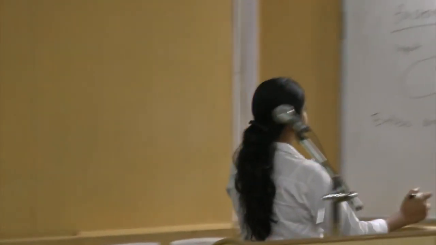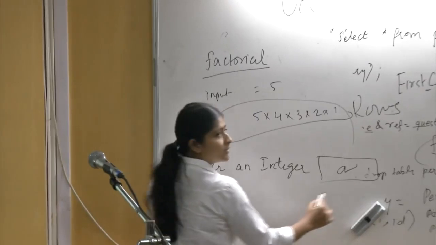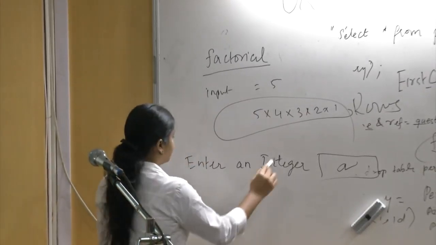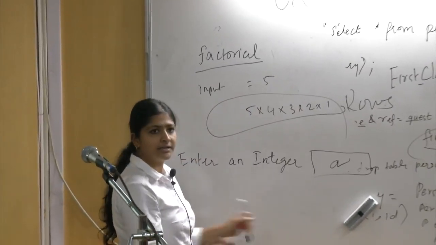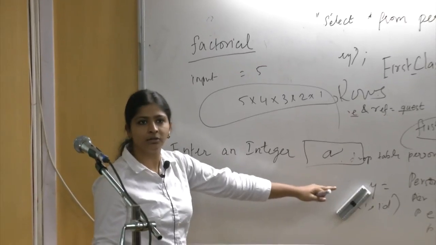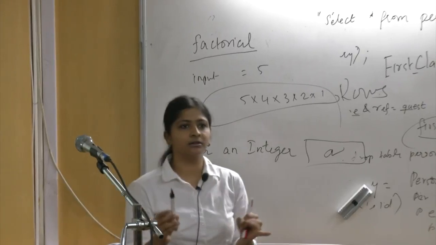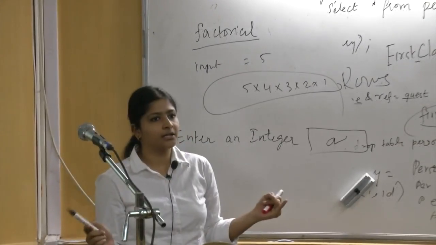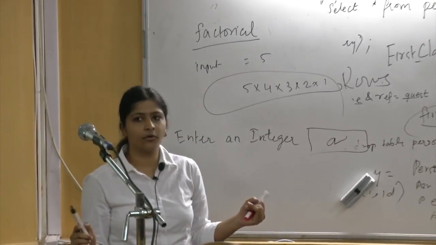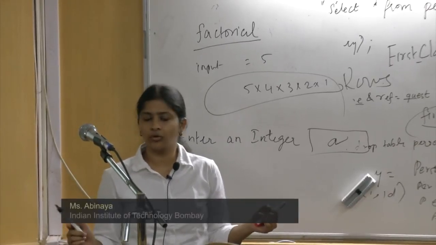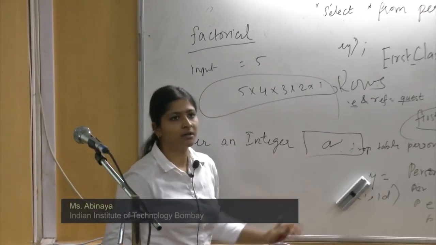If you enter a character, it should throw an error, right? You have to validate it. You cannot put a character, you cannot put a string, you cannot put any different data type. And next, you cannot put negative numbers or floating points. You cannot put float. It has to be strict.